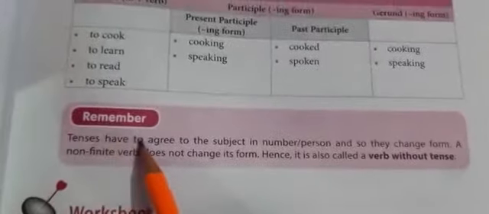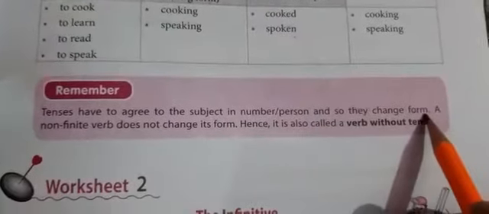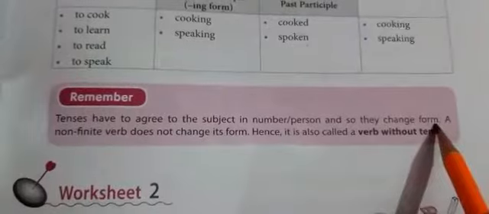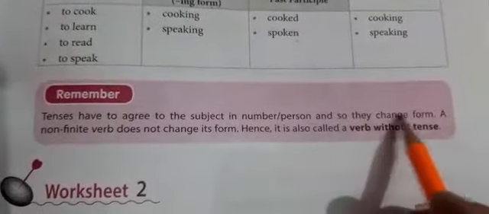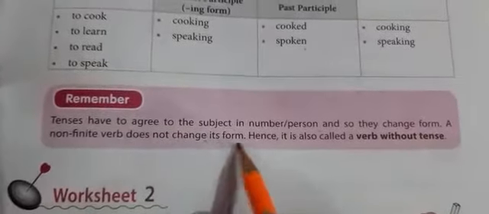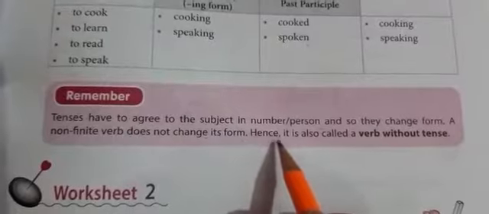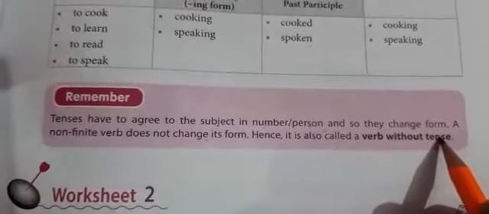Finite verbs agree with the subject in number and person, so they change form. According to the subject in number or person, we change the form. In non-finite, the verb does not change its form. Hence, it is also called a verb without tense.